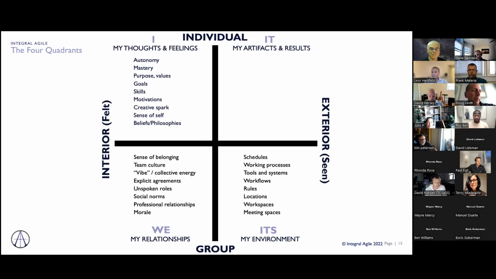So the lower right has to do with environment. One of the examples I like to give here is cars on a highway, right? So the upper right is something singular and tangible. The car would live on the upper right, the highway would live on the lower right.